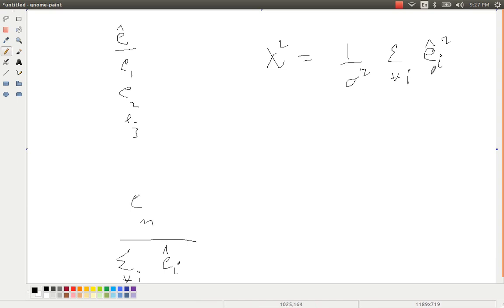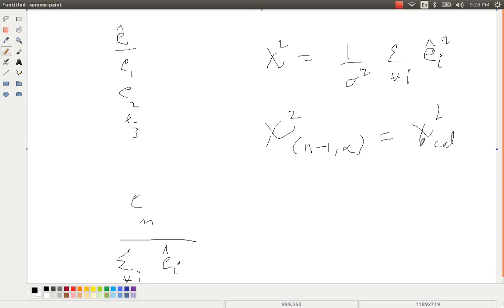So the sum of the squared error values, when divided by the variance, will become equal to the chi-square distribution, and we can find the inverse value of the chi-square distribution with n minus 1 degrees of freedom and at some alpha, then compare it with the calculated chi-square value, and finally we can make the inference.